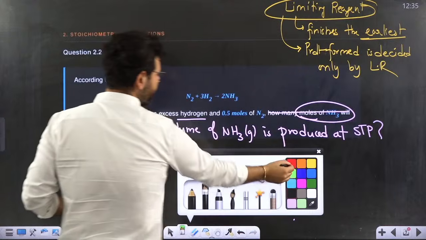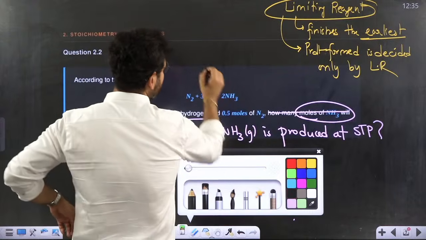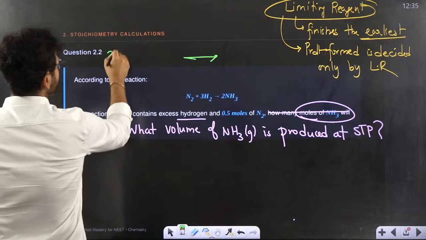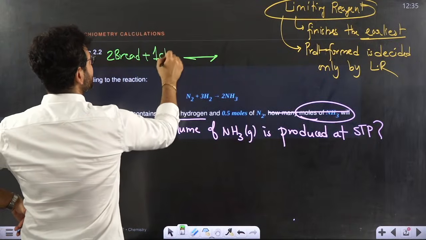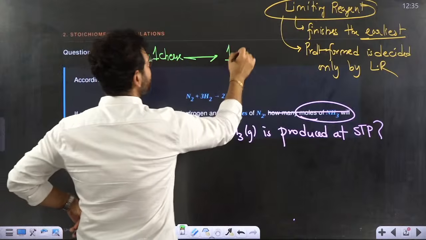Let me say that to make a sandwich, we use 2 bread slices and 1 cheese slice.